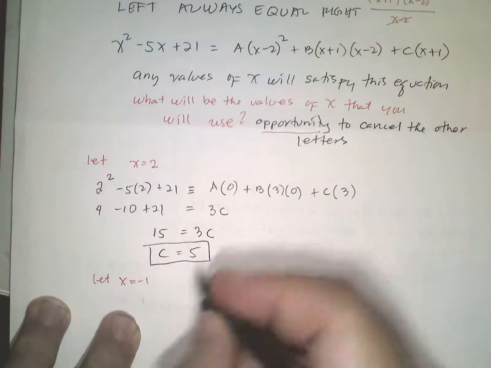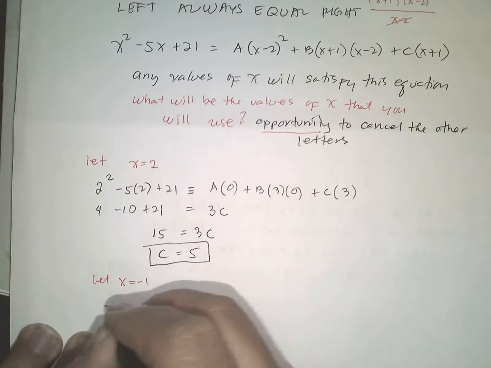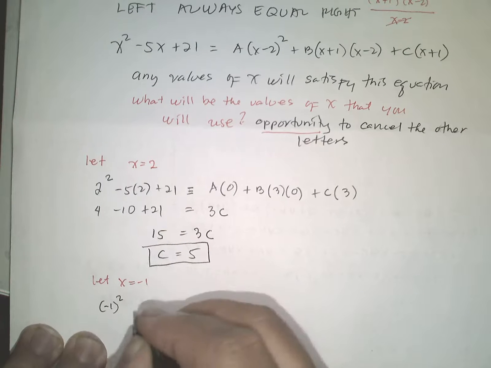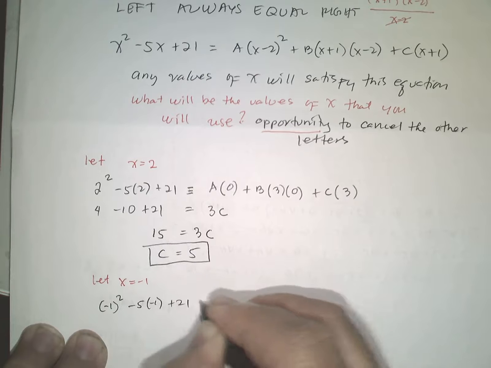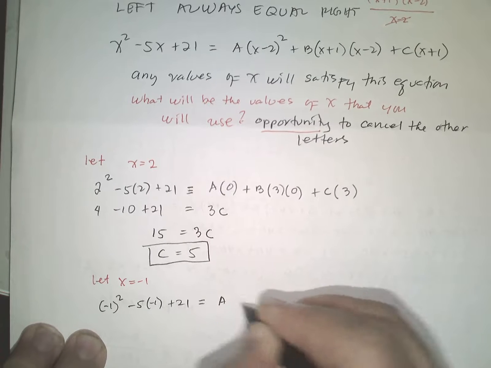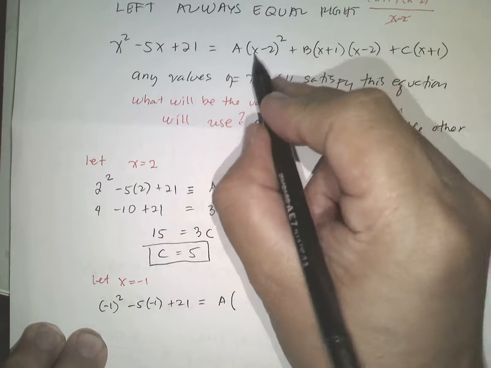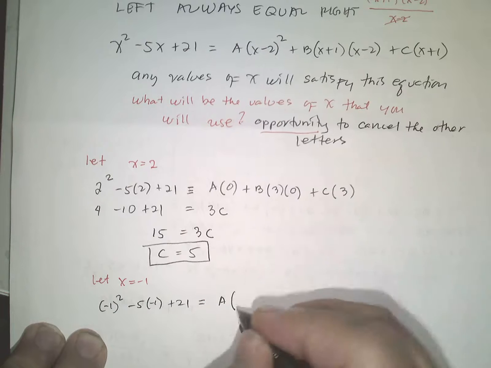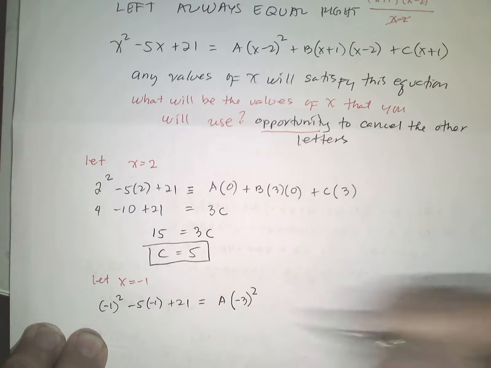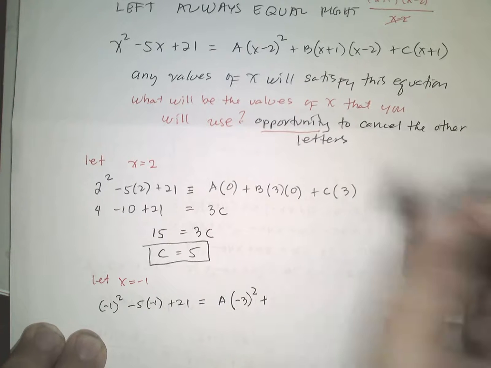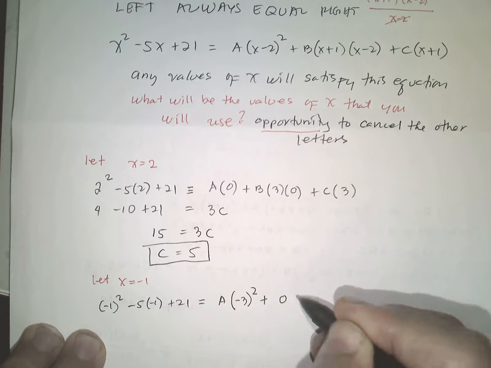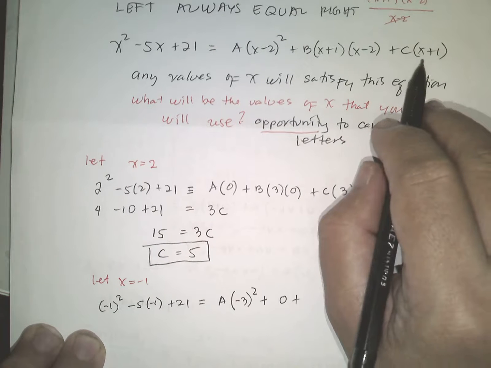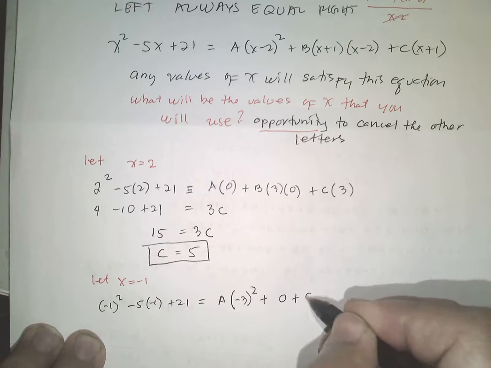So this expression there will be negative 1 squared minus 5 times negative 1 plus 21 is equal to a times -1 minus 2 is -3 squared plus this one is 0, so let's just write there 0 plus if x is -1 here is also 0, so 0c.